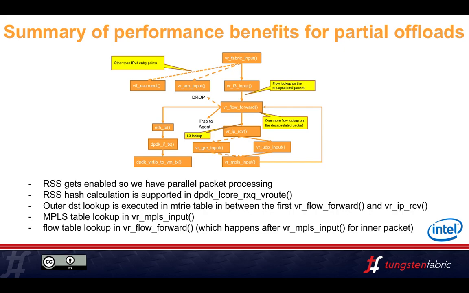Another thing you need to keep in mind is the cache utilization, which is much better, again, because we're avoiding those lookups. So we save from doing the lookup, and save the cache from being trashed by bringing up those tables and evicting other data. And RSS allows all cores that we give to the vRouter to do the packet processing in parallel.